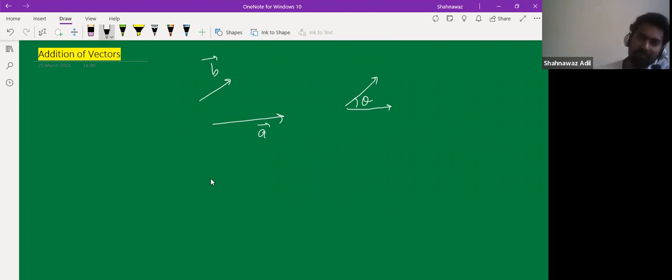You are given two vectors A and B, and what will be A plus B, which is the resultant of these vectors?